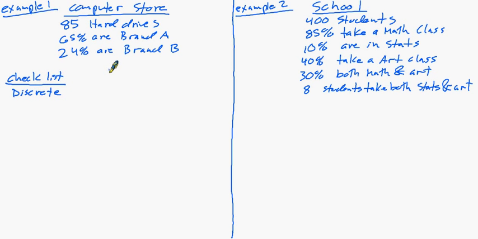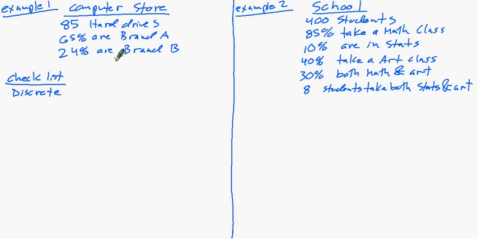So the way to really think about this is we have our 85 hard drives. If we were to select one hard drive and then a second hard drive, would the probabilities associated with that second draw depend on what happened in the first draw?